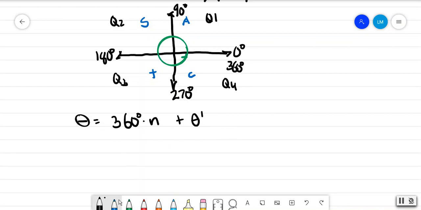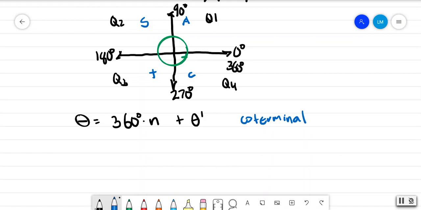This is the definition of what we call a coterminal angle. So the coterminal is the theta prime. In this sense, the n is really just telling you how many rotations need to be applied.